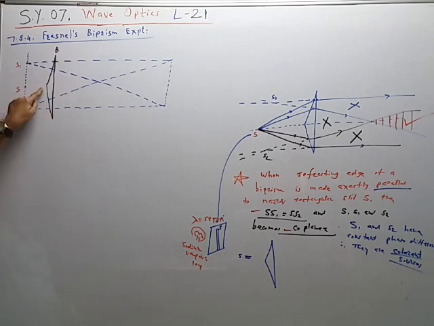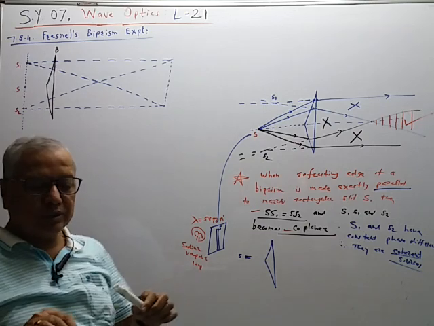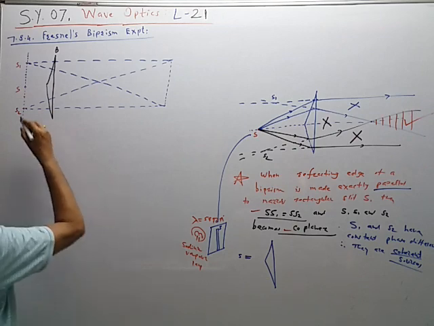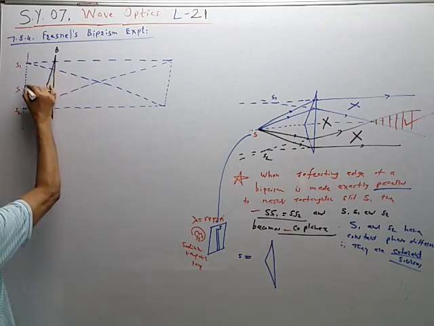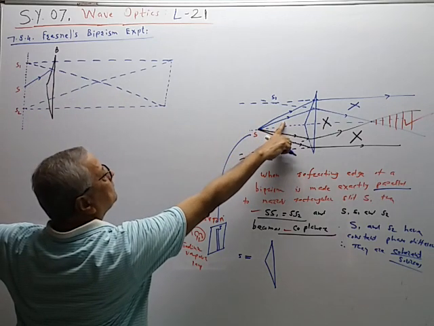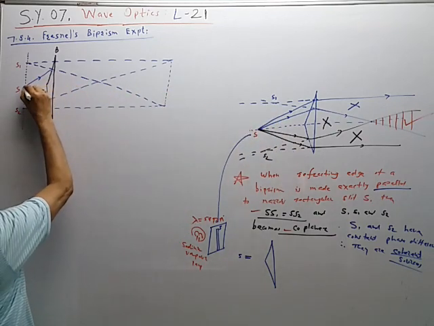So this refracting edge of the biprism is exactly facing toward the slit. So from this source S, there are two incident rays. One ray is drawn here. First incident ray, this one. The second incident ray is drawn here.